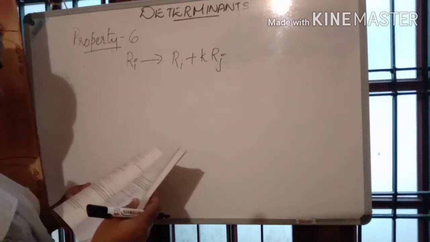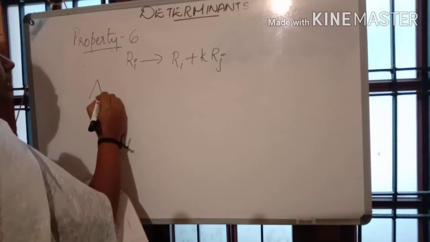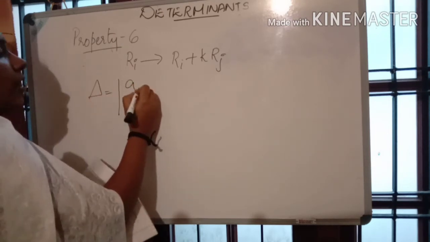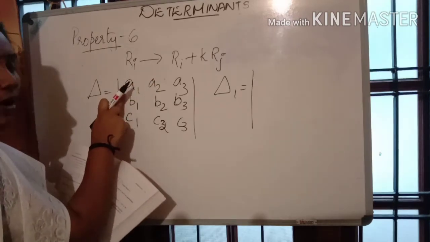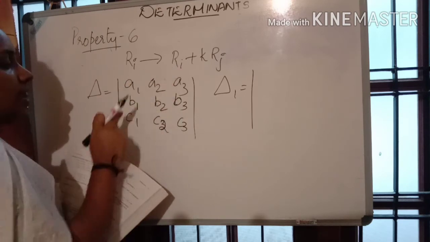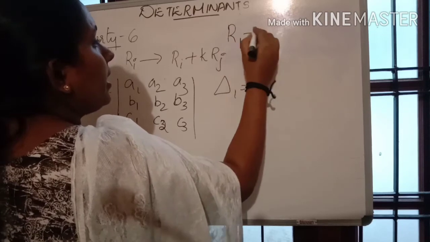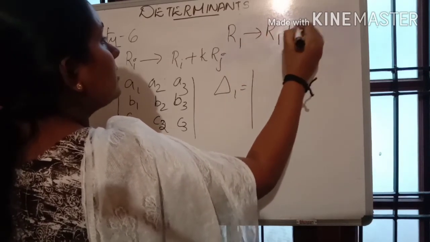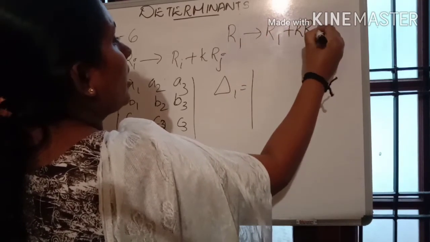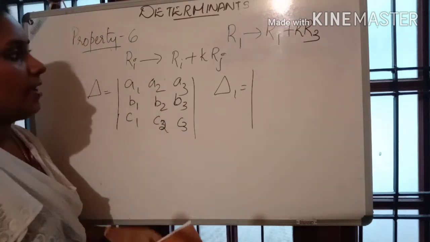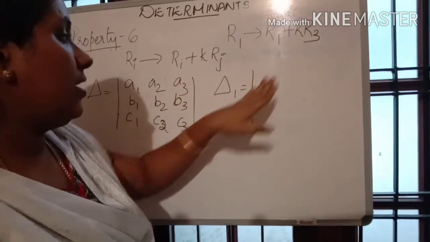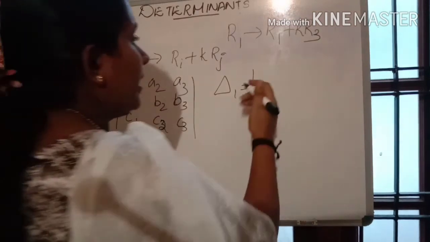Here see, delta will be equal to a1, a2, row 1, R1 gives R1 plus kR3. Okay, I am applying this operation to delta 1. We'll get the row 1.